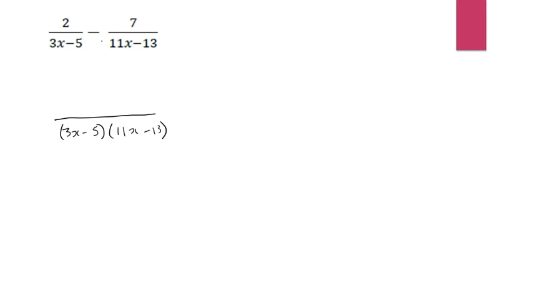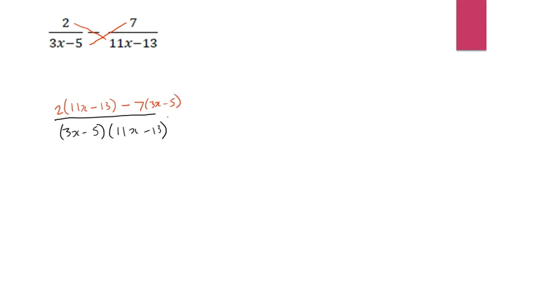Now on the numerator, we would need to do our cross multiplying. So I would need to do 2 multiplied by 11x minus 13, so here be 2 lots of 11x minus 13. Take away, because the problem is asking us to take away these fractions. And then I would have to multiply 7 by 3x minus 5.